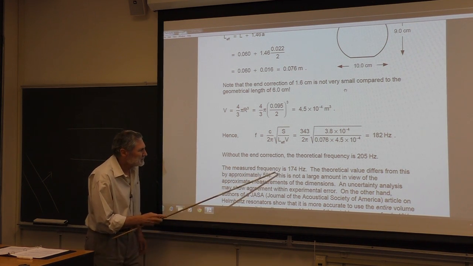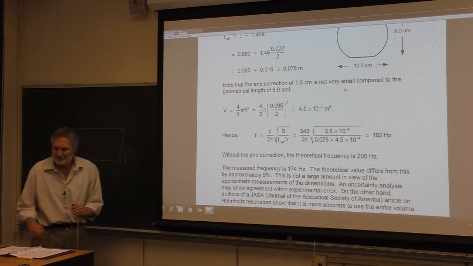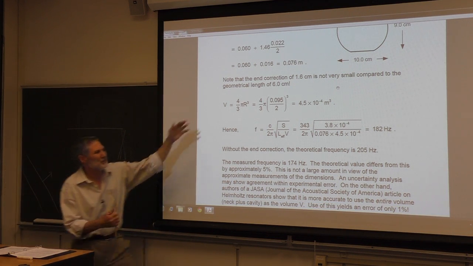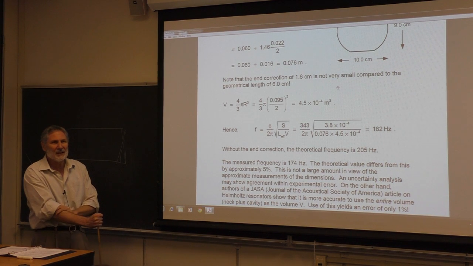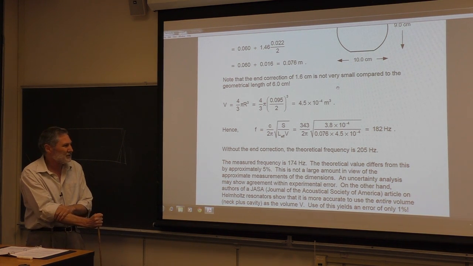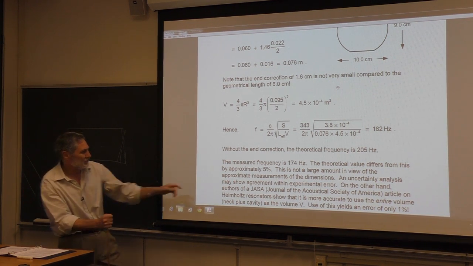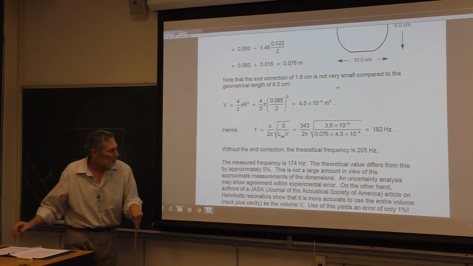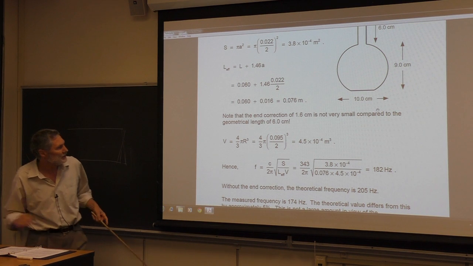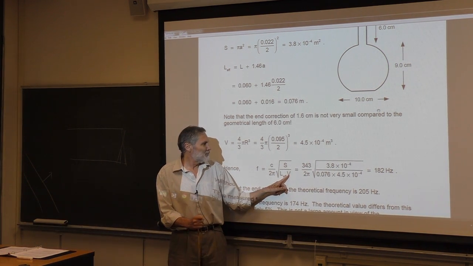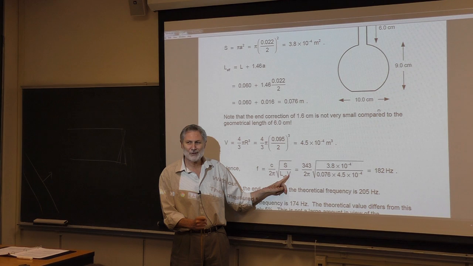So anyway, we got this 5% error here, and that seems reasonable for the precision of these measurements. I haven't pursued this, but I want to point something out. I saw a JASA article some years ago, in the Journal of the Acoustical Society of America, where they concluded that it's better to use the total volume including the neck.